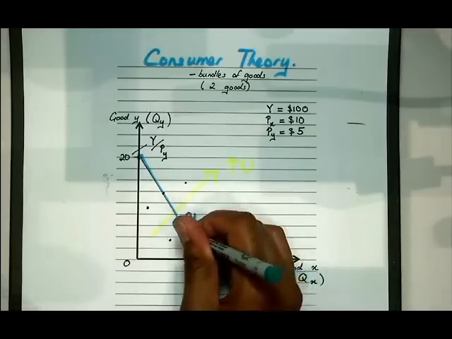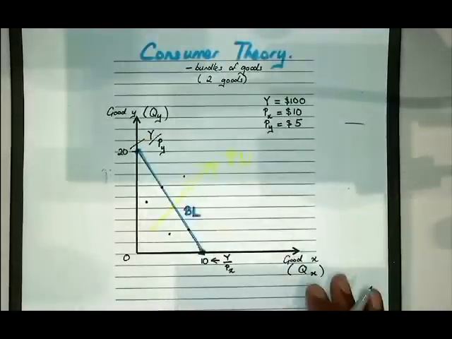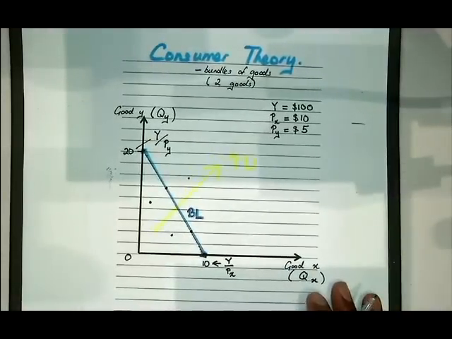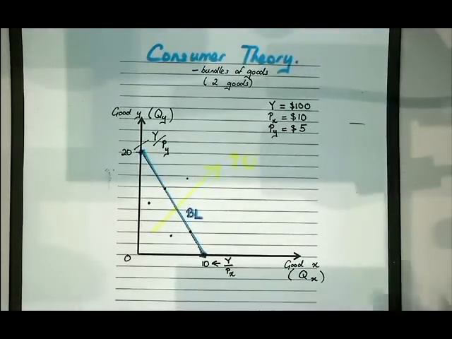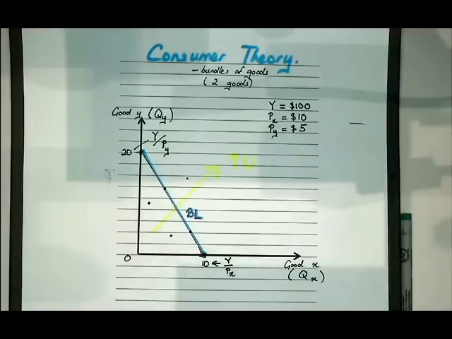So every point on the budget line would cost how many dollars? Every point on the budget line would cost $100. Okay? That's from the constraint point of view. The budget line is the consumer's constraint.